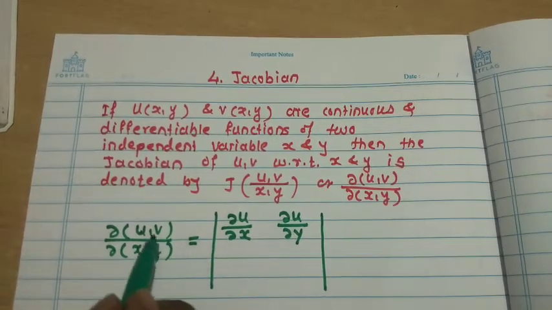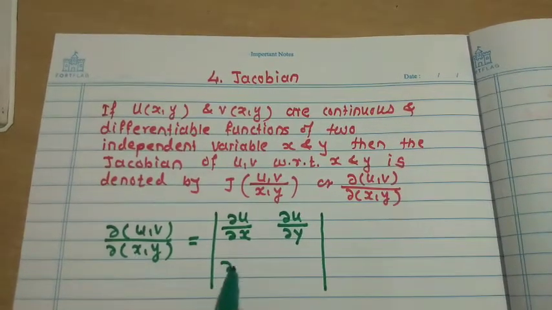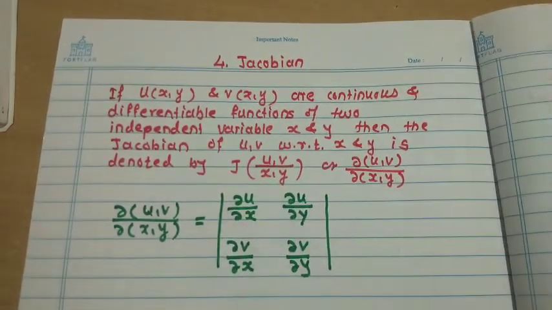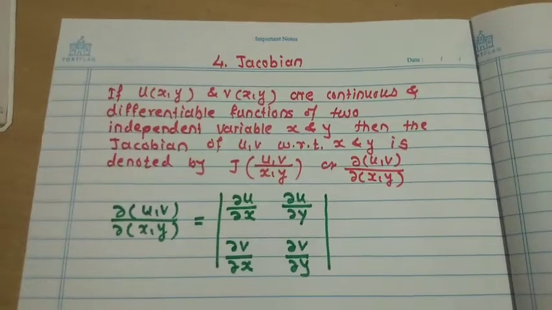In second row, del v by del x, del v by del y. After solving the determinant, you will get the Jacobian.